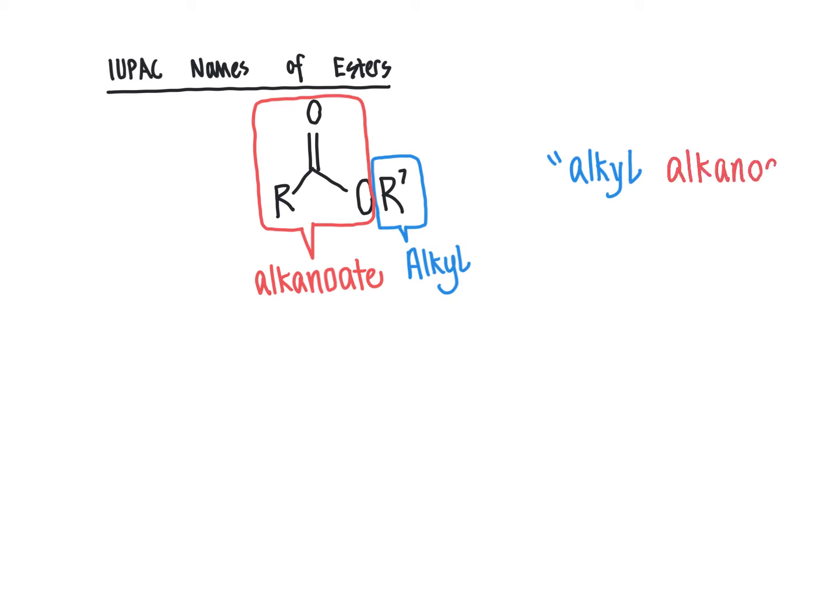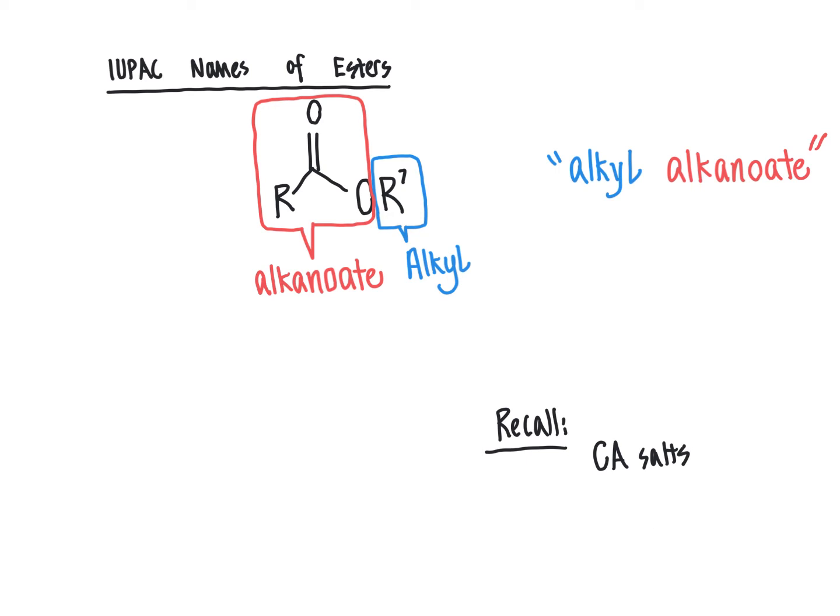Now for some of you, this term alkanoate may sound familiar because we have seen that term before. The place we saw that alkanoate term before was when we named carboxylic acid salts. When we named carboxylic acid salts, we named those as metal alkanoates.